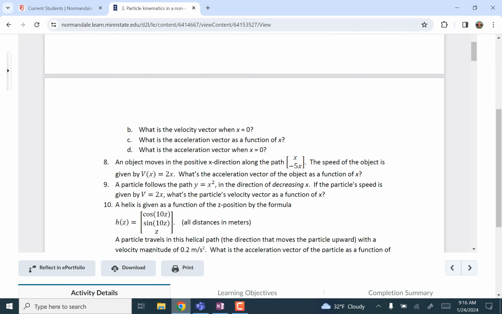Okay, so this is a parameterization according to the x position.